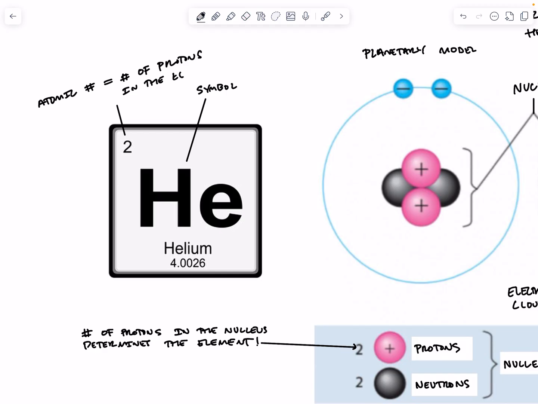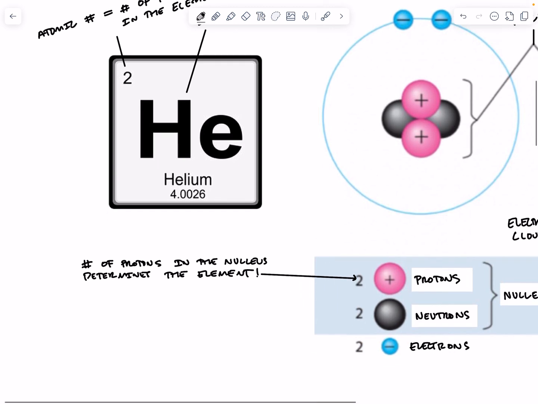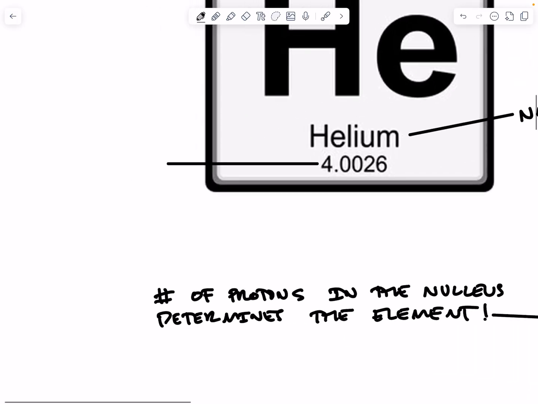Here we see the name. And here we see the atomic mass. The atomic mass is equal to the number of protons plus the number of neutrons.